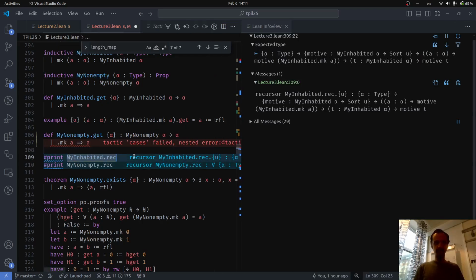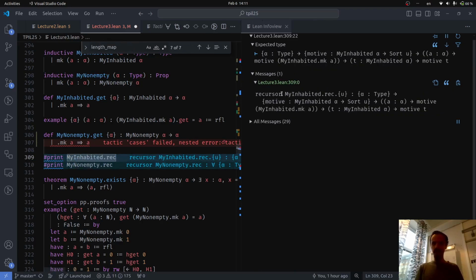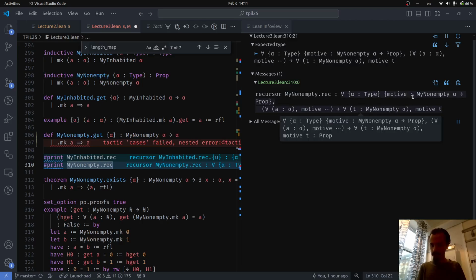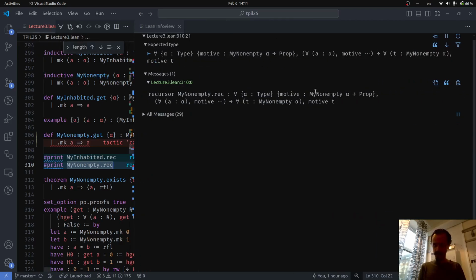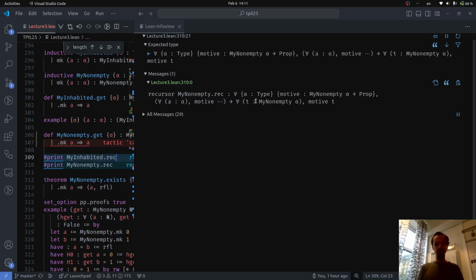So we have my inhabited.rec and my non-empty.rec, and there's some minor notational differences which you should be ignoring, but the important part is the fact that the motive here, it says motive, my inhabited to sort u, and here motive goes to prop.